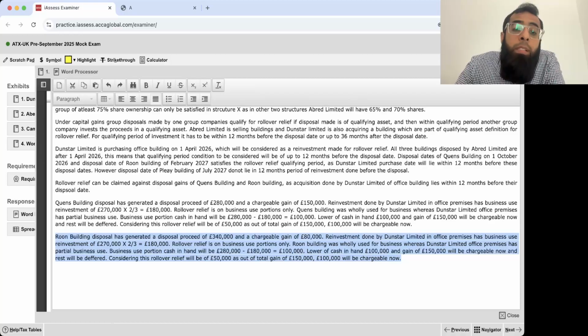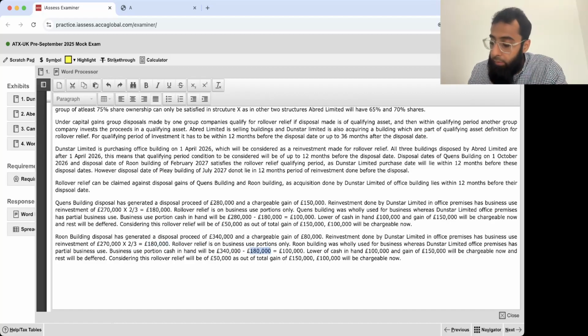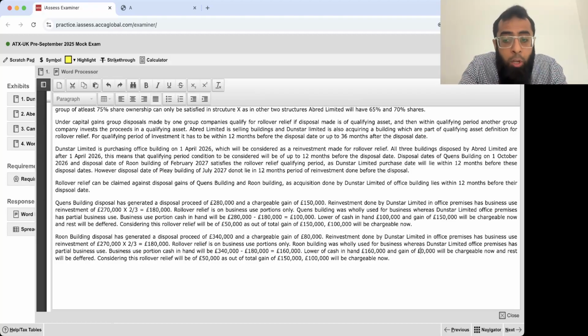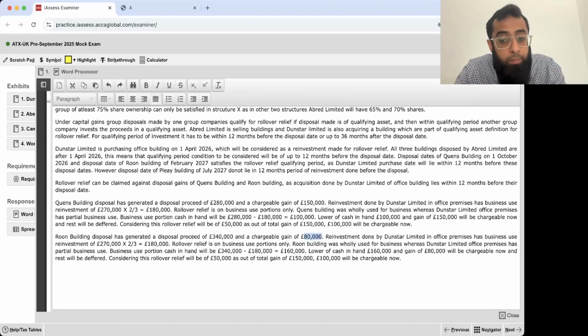Now, what is your business use cash in hand? 340 minus 180. So now your cash in hand is 160,000. Lower of cash in hand of 160 and the gain of Rune building, which is 80.